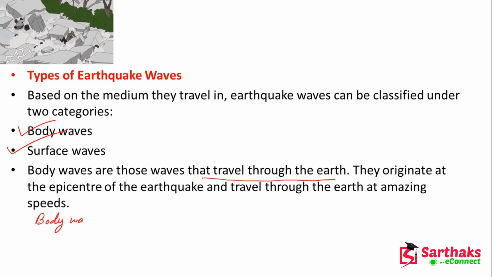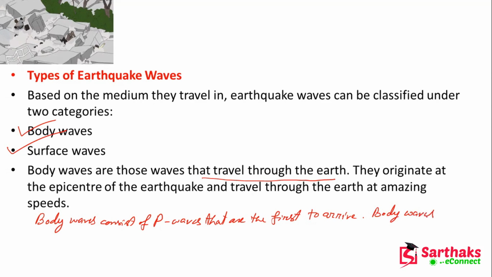Body waves consist of P waves that are the first to arrive, or S waves or reflections of either. Body waves travel through the rock directly.